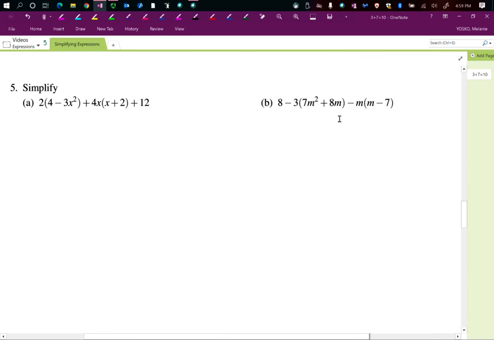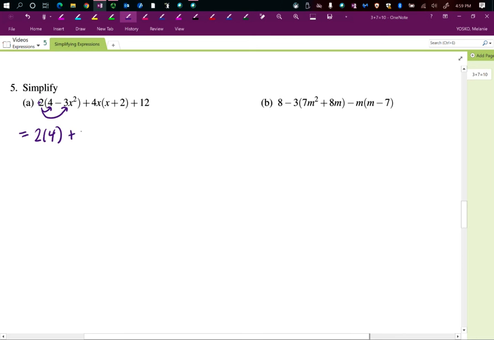We have 2 times (4 minus 3x squared) plus 4x times (x plus 2) plus 12. So we're going to distribute. We're going to take the 2 times the first term in the set of parentheses, and then the 2 times the back term in the set of parentheses. So we get 2 times 4. Remember, this is a positive sign in front of the 2.